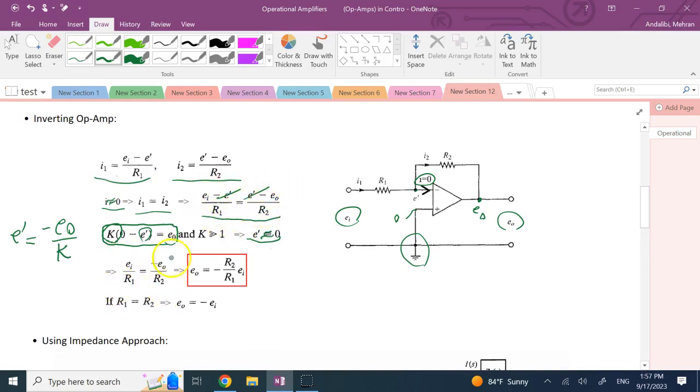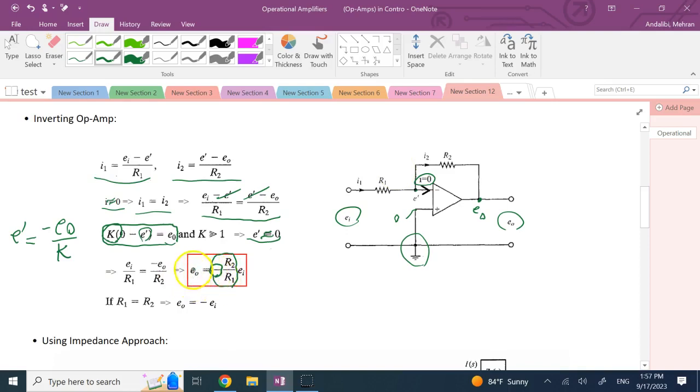So you get this equality, or if you write it, you see EO is a negative of a constant number times EI. So what relation exists between EI and EO? EO is a multiple of EI. That multiple could be bigger or smaller than 1, depending on the ratio of R2 and R1. And there is a negative sign, so the direction is opposite.